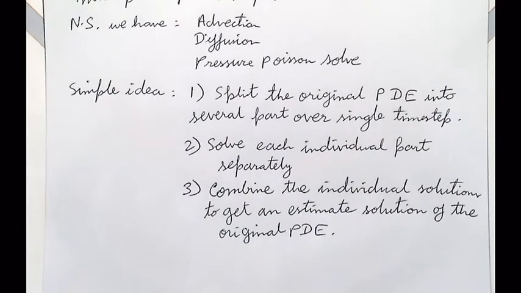Okay. So does the concept make sense? You know, at least in an abstract way. So you have the full long original PDE, you break it up into different parts, solve each part separately, and in the end you combine all of the different solutions to get the full solution. Okay?